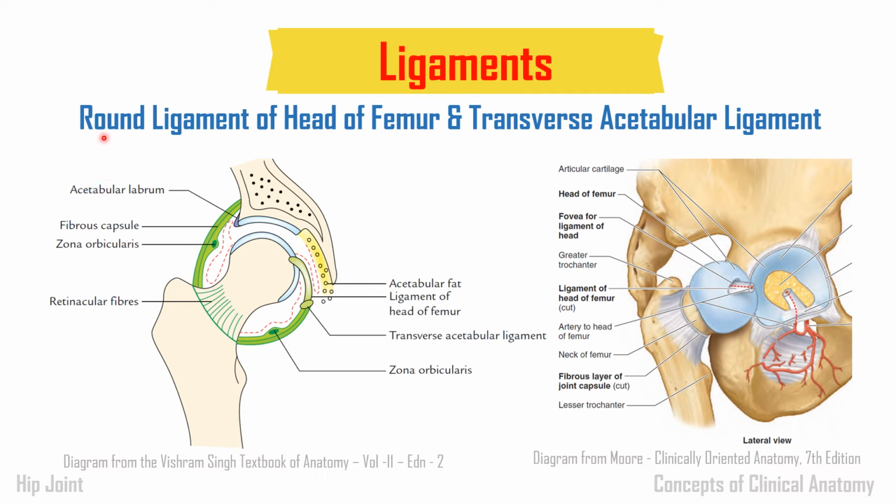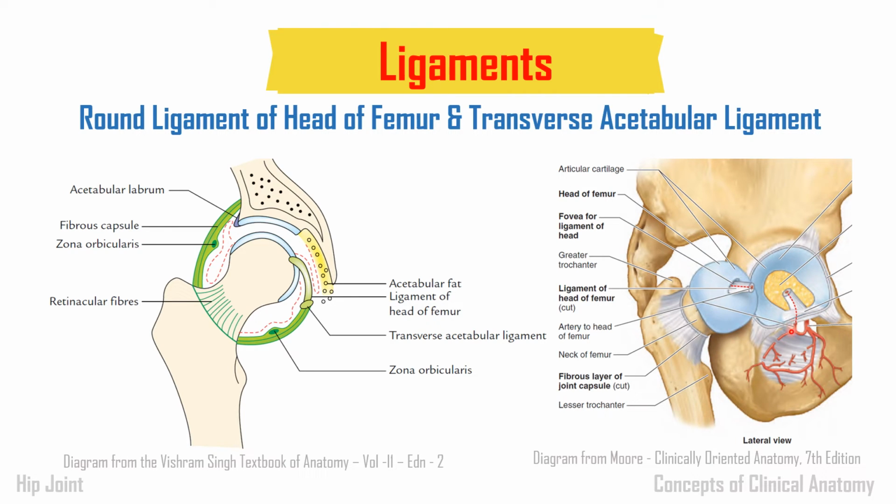Next is the round ligament of the head of femur, which is otherwise known as ligamentum teres femoris. This is actually a triangular ligament, with the apex extending from the fovea of the head of the femur, and the base up to the transverse acetabular ligament.